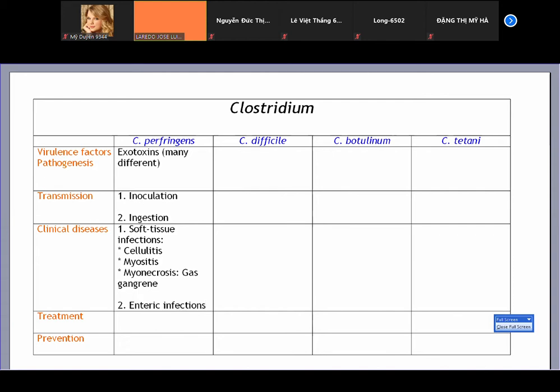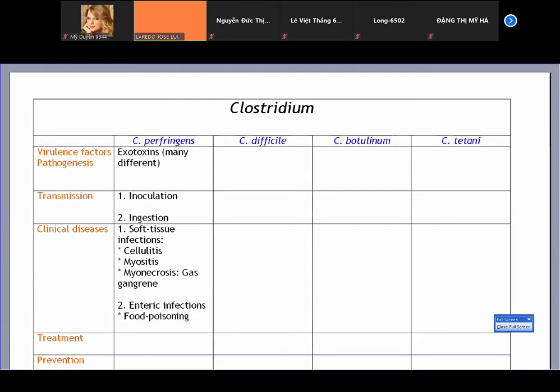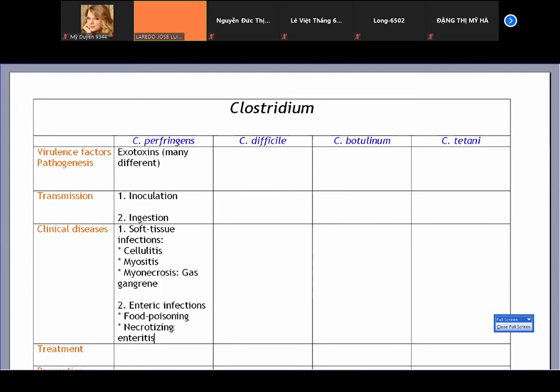So infections in the intestine. This may be mild, food poisoning, that you already know, or more severe, this is called necrotizing enteritis. This is very severe. What about food poisoning?